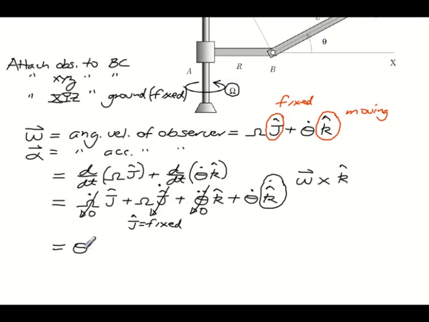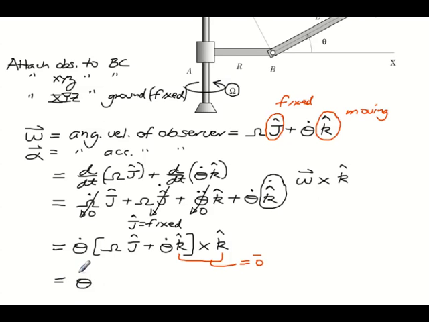So that's theta dot, and the omega vector we said was big omega big J plus theta dot small k, and that gets crossed with k. K cross k, that's a 0. Anytime you cross a vector with itself, that's a 0. So all that's left is theta dot omega big J cross small k.